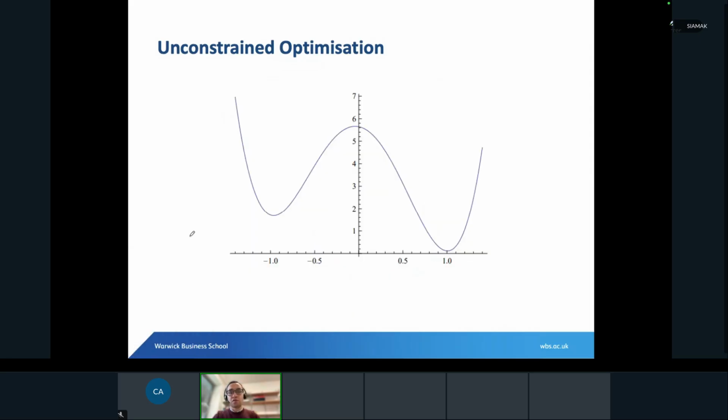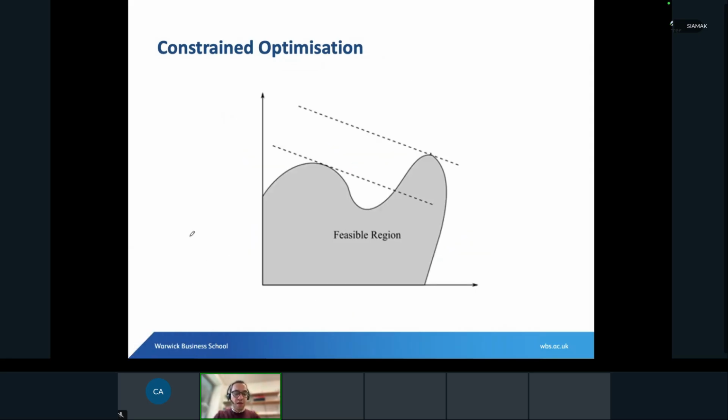But we may have constraints, and it is very likely to have constraints in our problems. And if you have constraints, remember from linear programming and the graphical solution method that I showed you, when you have the feasible region, what we do is take the isoline of the objective function and move it toward the direction of improvement until the last point that we hit, and that becomes our optimal solution.